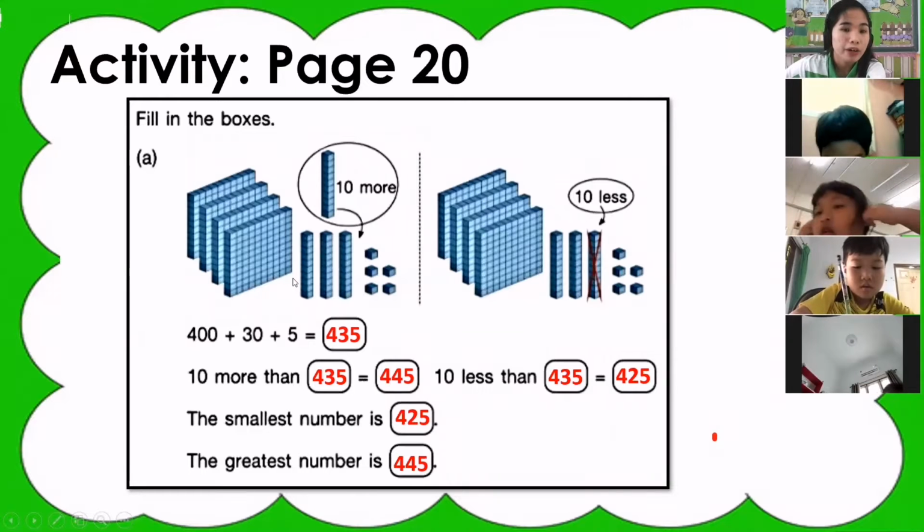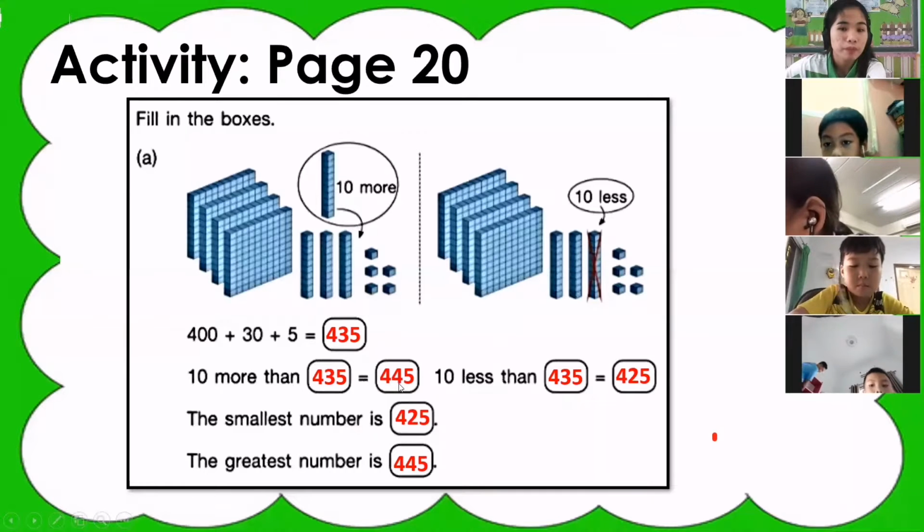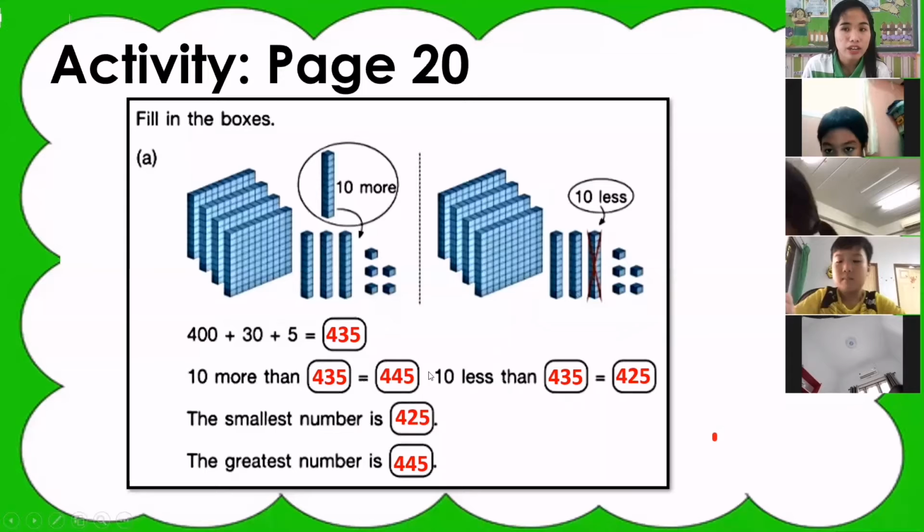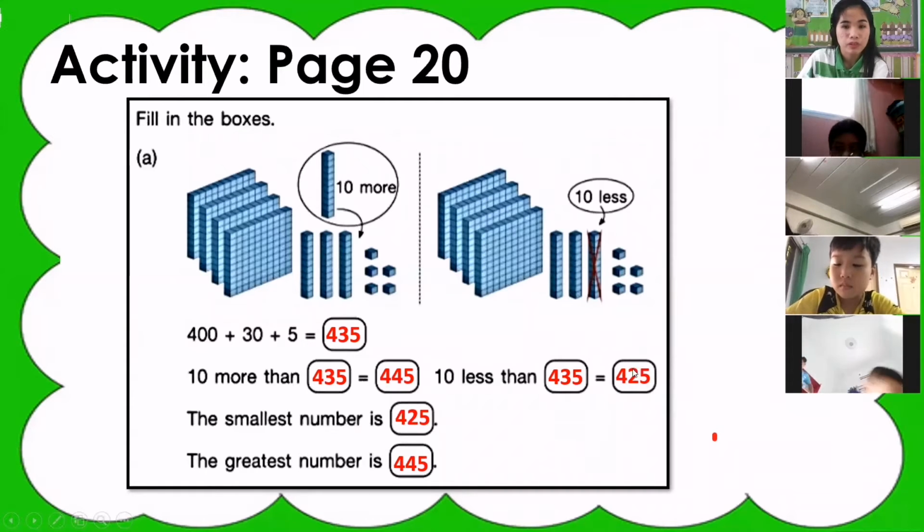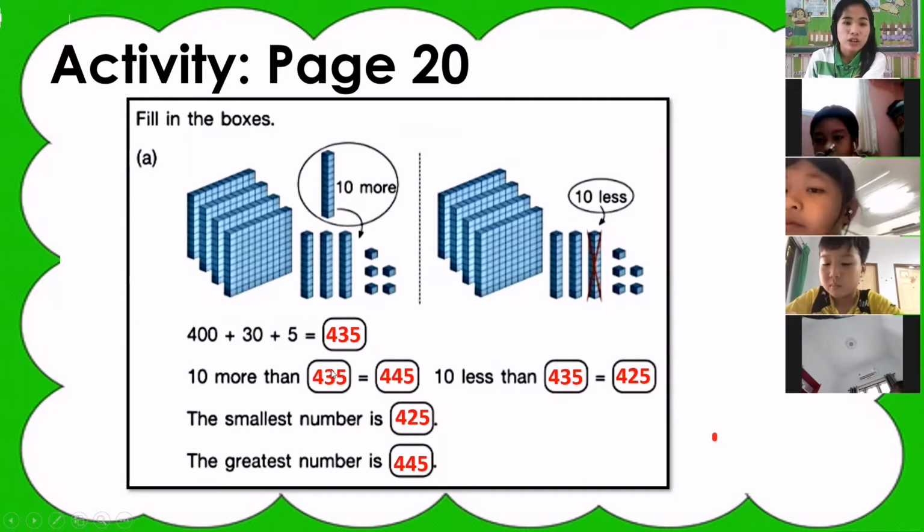How about the next one? 10 more than 435 is equal to 445. But if you are going to subtract 10 from 435, that is 425. Okay. So from the numbers here, what is the smallest number?